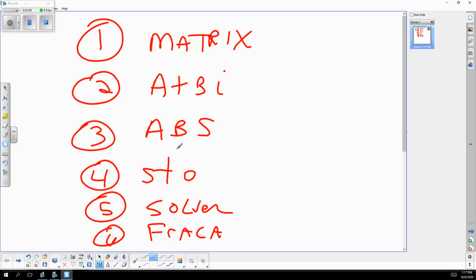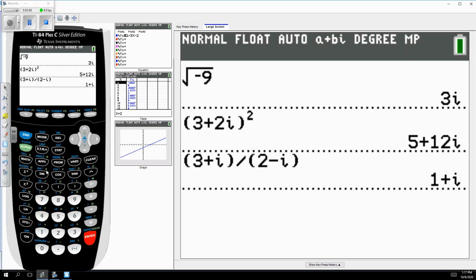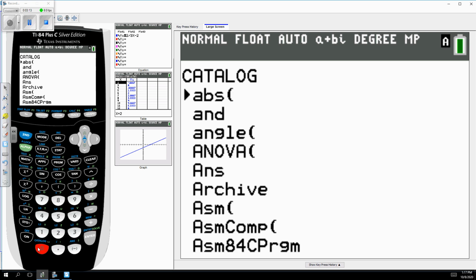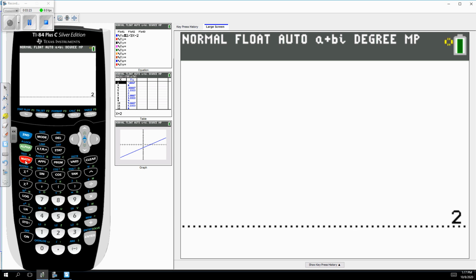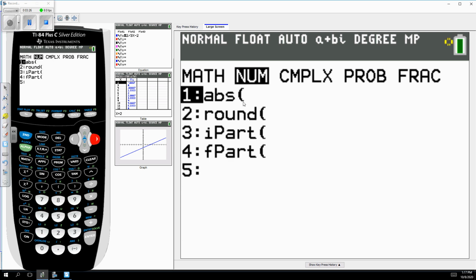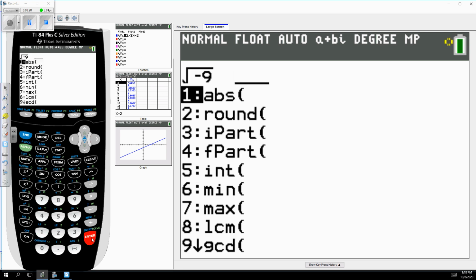Looking at number 3, absolute value. Absolute value is on my instructions, I say second catalog because it's the first thing. So notice that it comes up and it does the absolute value of an expression. Most people use math number, and there it is.